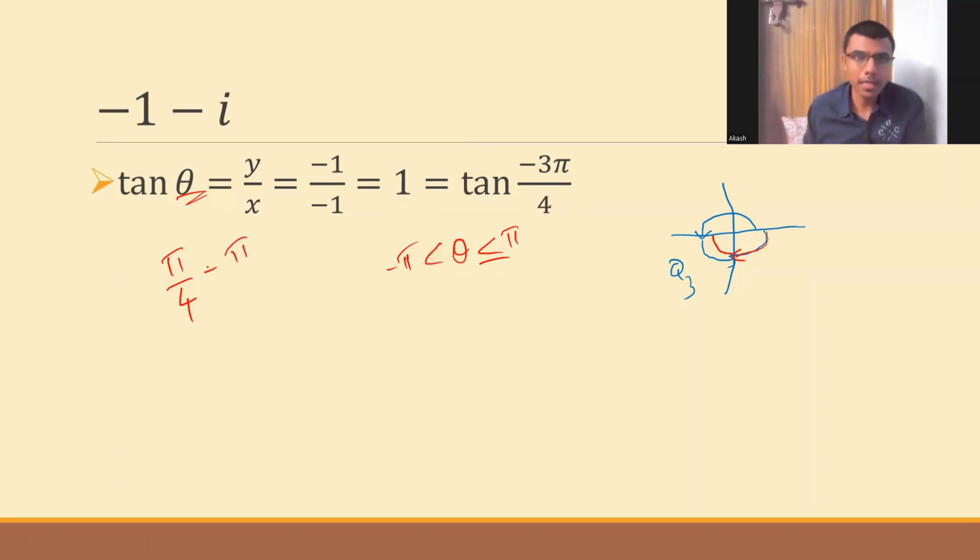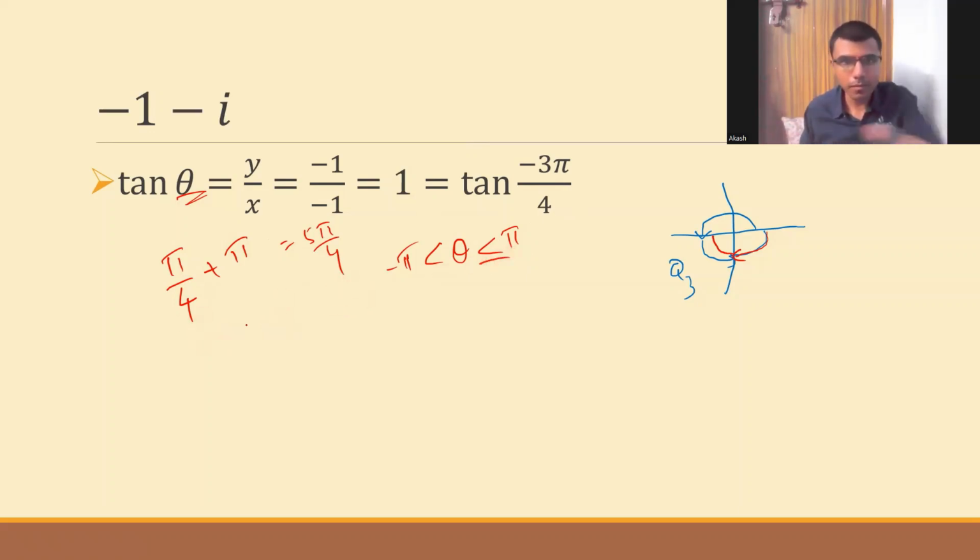Okay, so let me just add pi first, then I'll get 5 pi by 4. Well, it comes out to be 225 degrees, but theta should not be greater than 180 degrees, so this is not my possible answer.